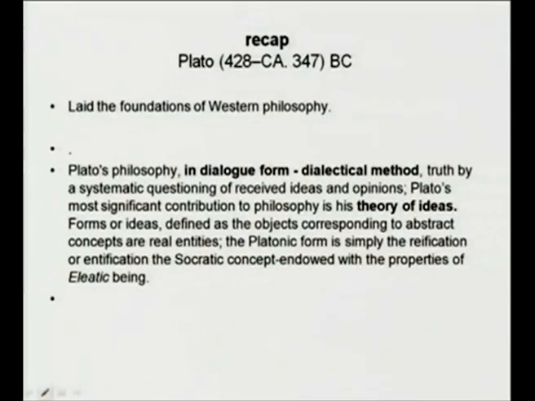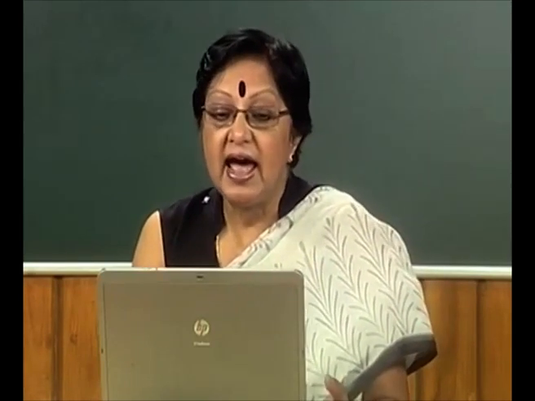In lecture 1, we did classical criticism, mainly all the classical theories starting with Plato to Aristotle. Plato laid the foundations of Western philosophy, especially his dialectics, the dialogue form of argument, and how he questioned truth by the system of received ideas and opinions.